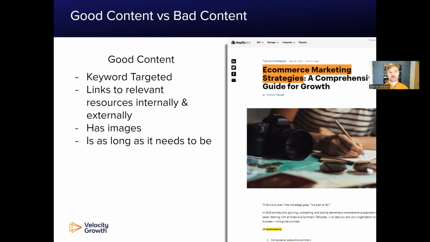Very few sources, even Wikipedia, as sparse as it can be sometimes, almost always has at least one image somewhere, whether that's in their side panel or part of the content somewhere, it's going to be there.